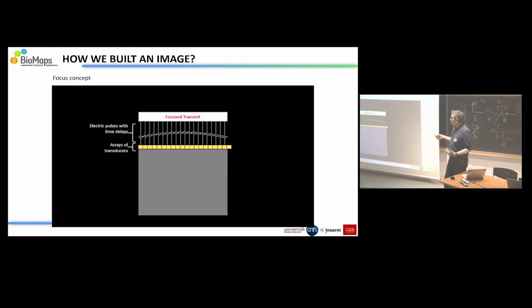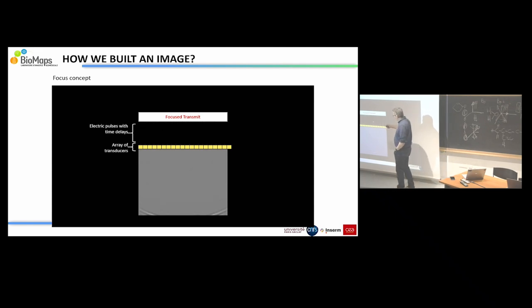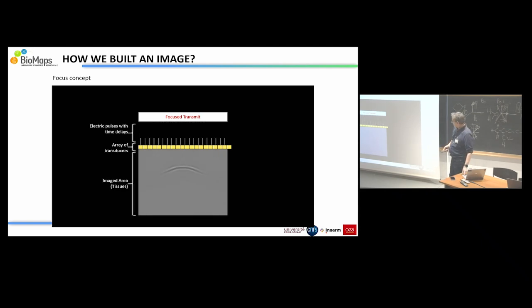Now, if you want to build an image, you will use an array of transducers, and you will send a lot of electrical pulses to each transducer into the medium. Typically, we program a focusing law in order to focus ultrasound along one line and to have a maximum of energy in the middle of the parabolic law we have programmed. So the ultrasound will be focused along this cone.